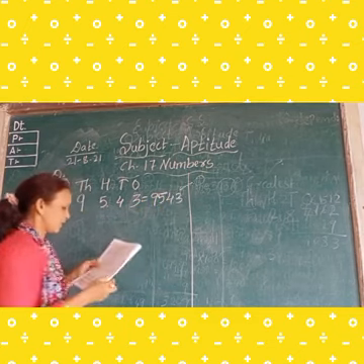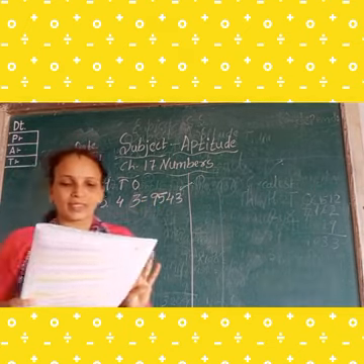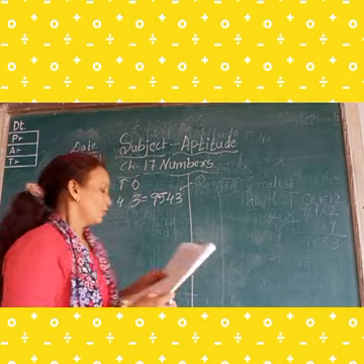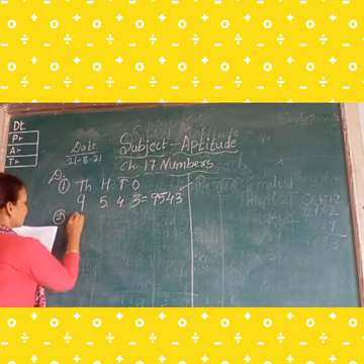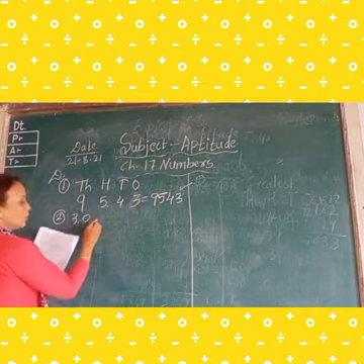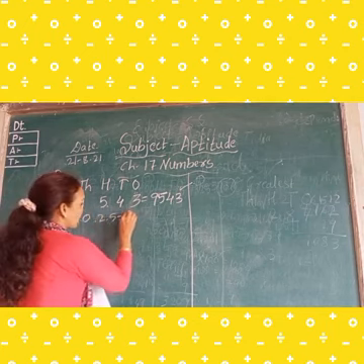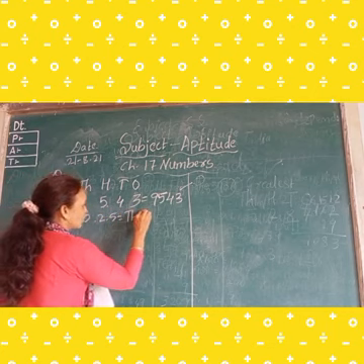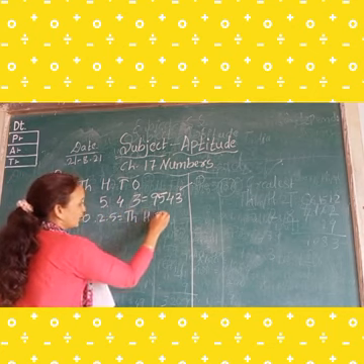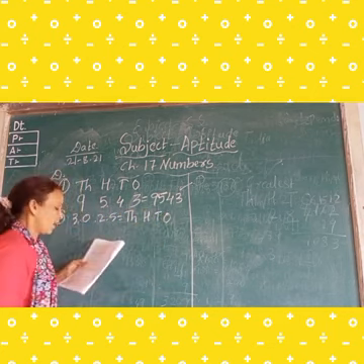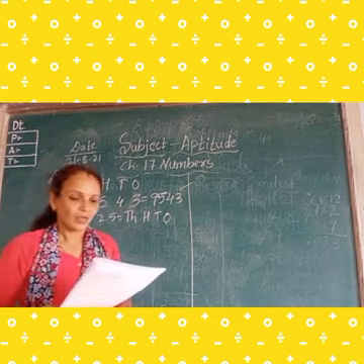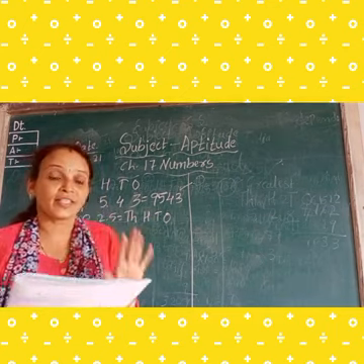Now come to the second one. Build the 4-digit number by using 3, 0, 2, 5. 4 digit means once again thousands, hundreds, tens and ones. We are making the largest number.